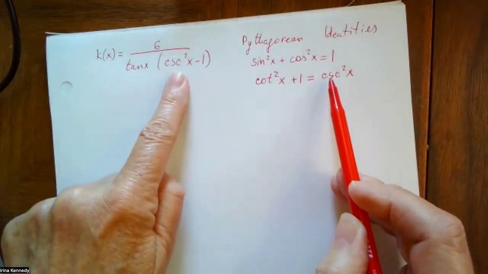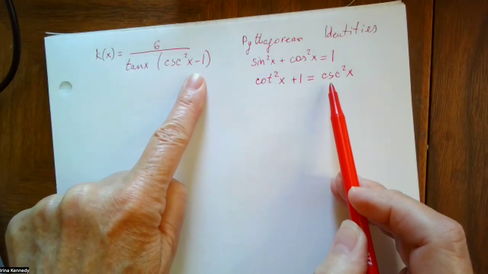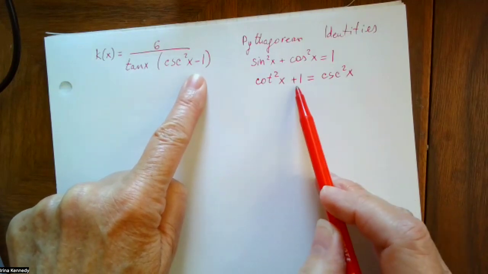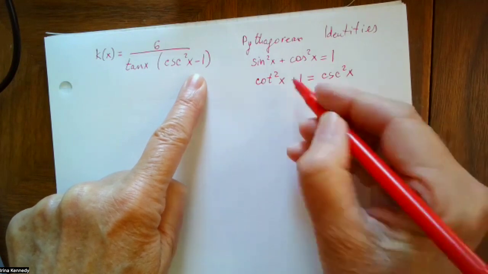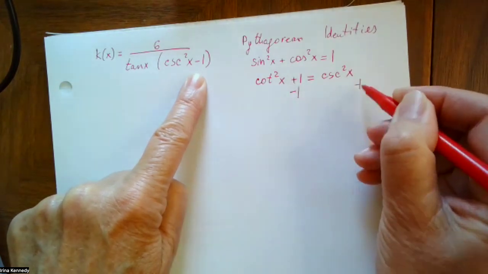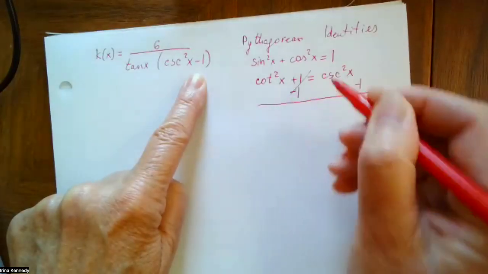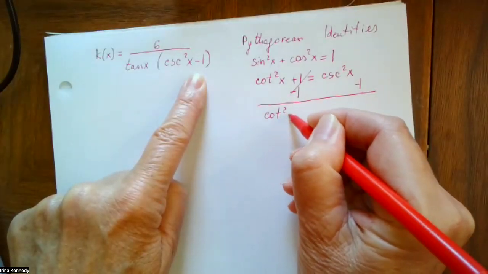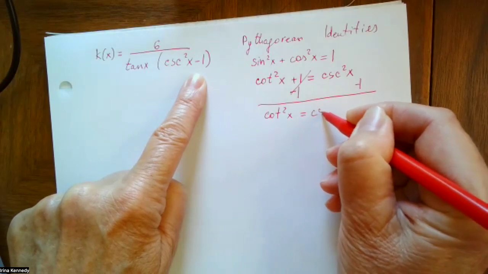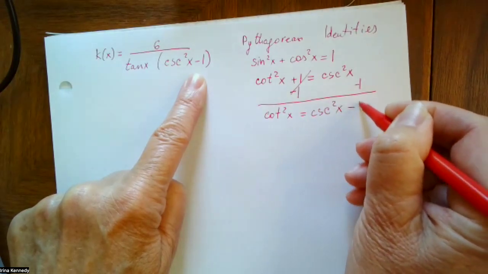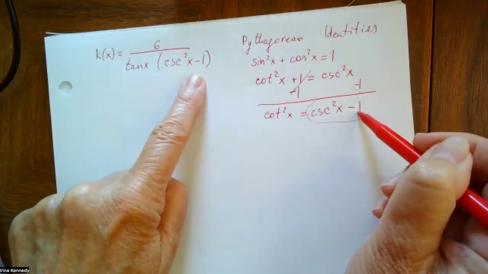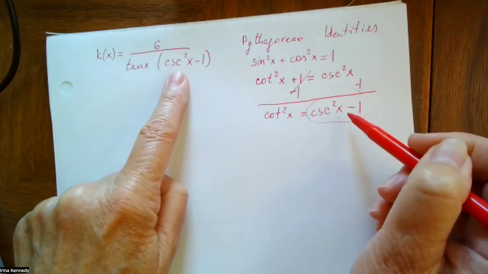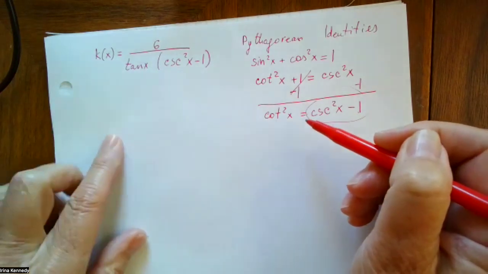All right, we got cosecant, but this one has plus 1, and we need minus 1. It's really easy to fix that. You just subtract 1 from both sides, and then you get cotangent squared x equals cosecant squared x minus 1. Awesome. So now we got exactly the same expression, so that parentheses is just cotangent squared x.